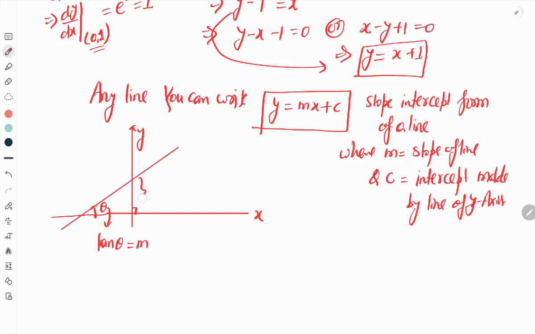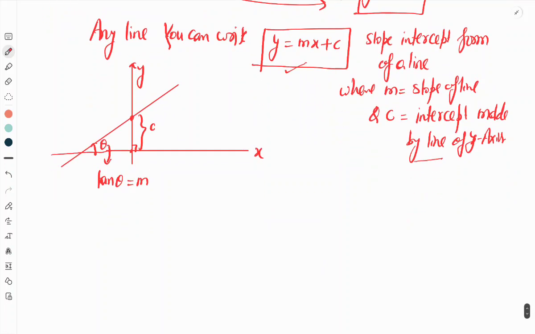It is making some intercept on the y axis. This is called c actually. I hope it is clear to you. So in y is equal to mx plus c format, if you are writing any line, then m is called the slope of the line.